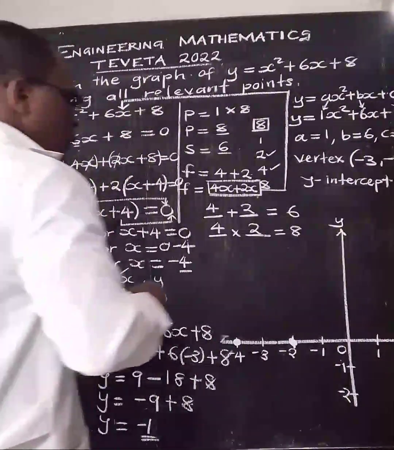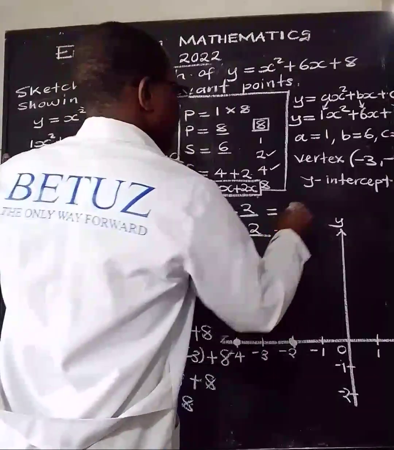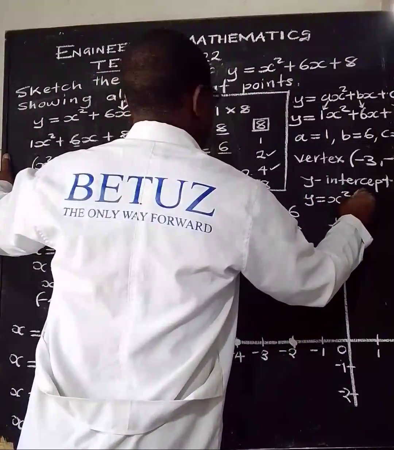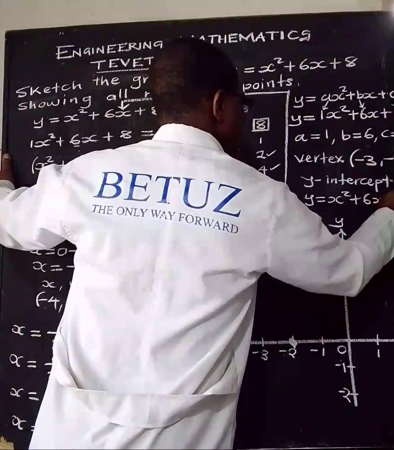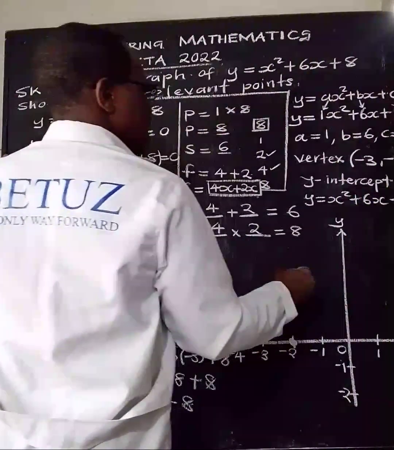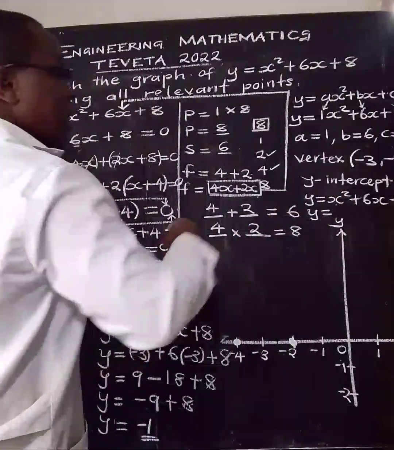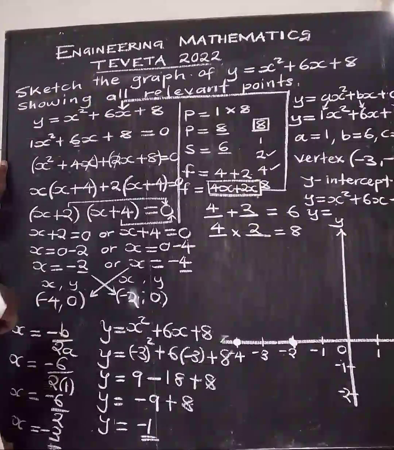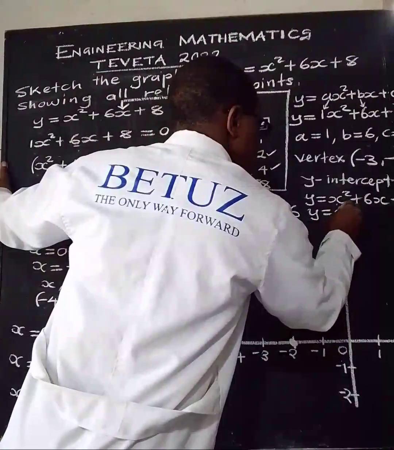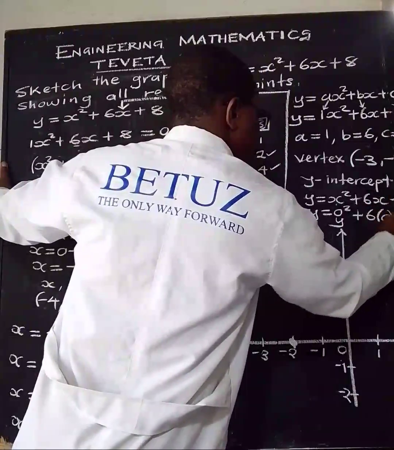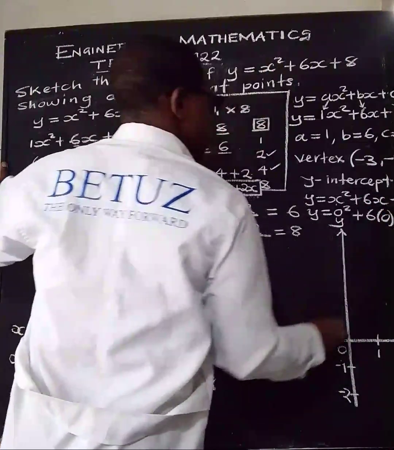Okay, so you can say the equation is y is equal to x squared plus 6x plus 8. So y equals, where there is x, we are going to put zeros. So this is 0 squared plus 6, where there is x, we put a 0, plus 8.